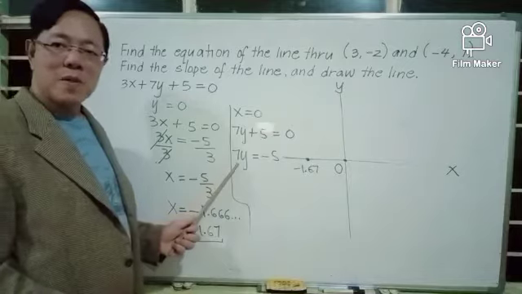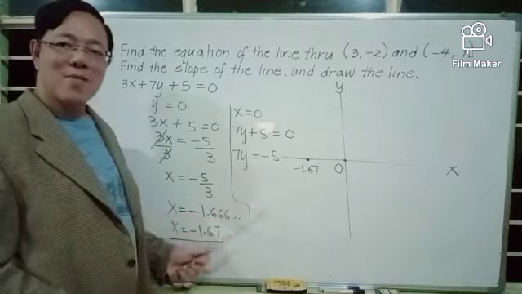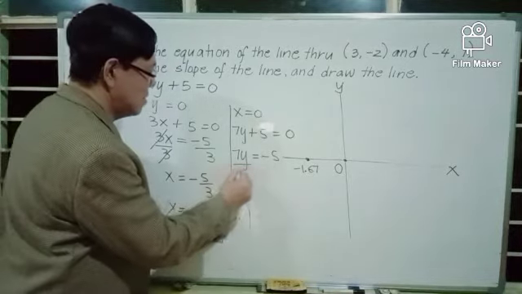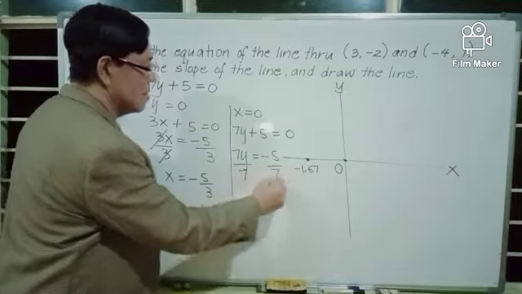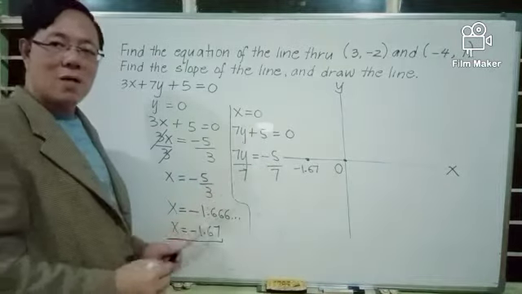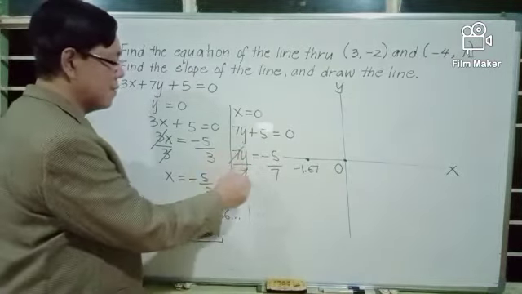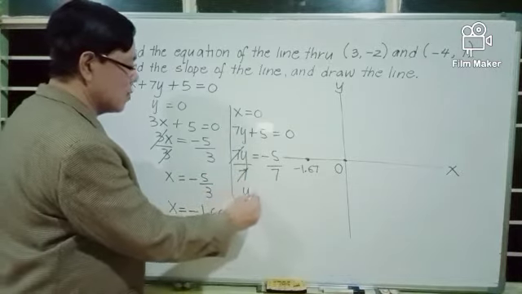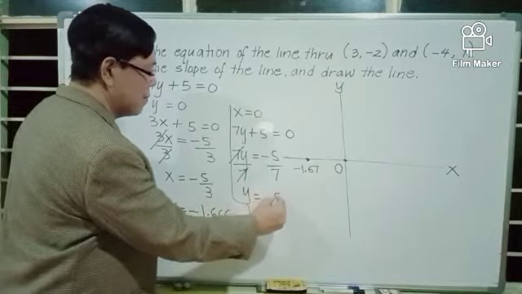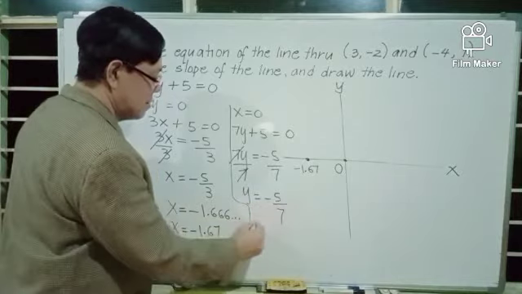Finally, we divide both sides of this equation by 7. And 7 will cancel out from the left. And we get y equals negative 5 over 7.